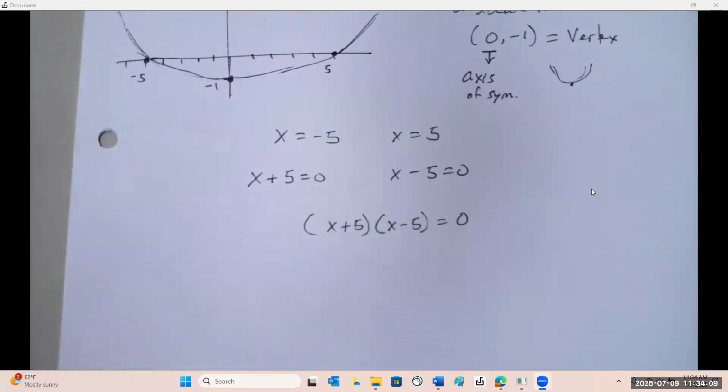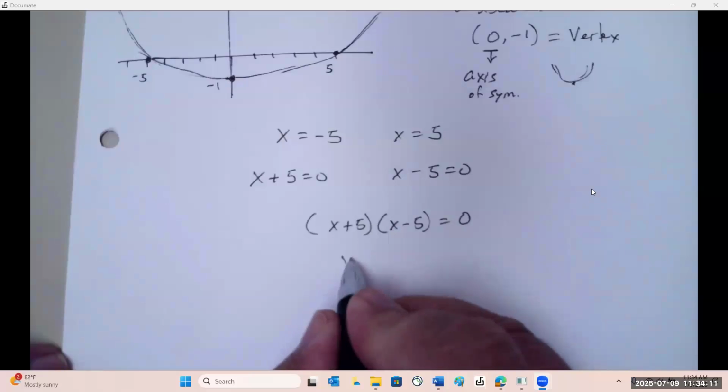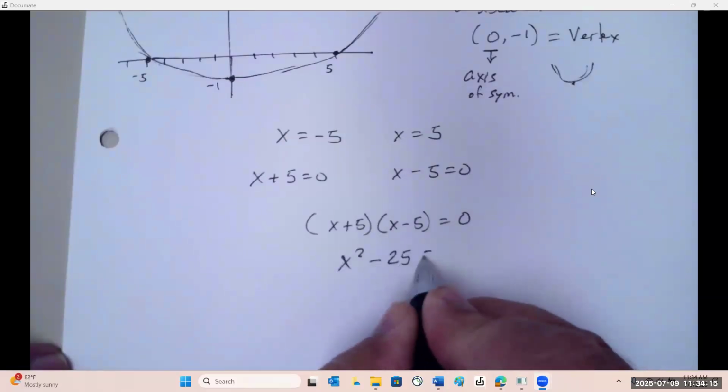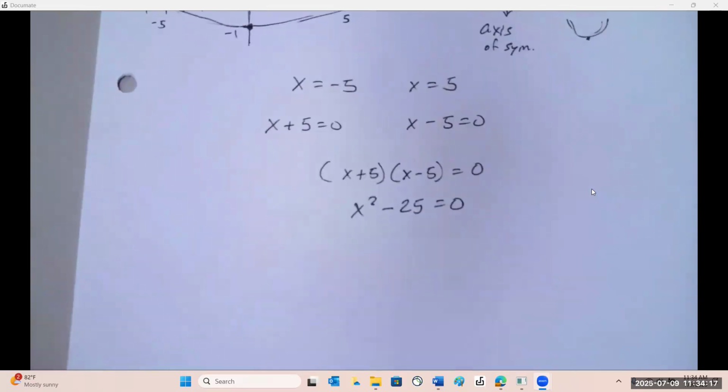This is how we'd solve it algebraically. This would give us x squared minus 25 equals 0. But is that the right graph for that? No, what's missing? What did we take into consideration?